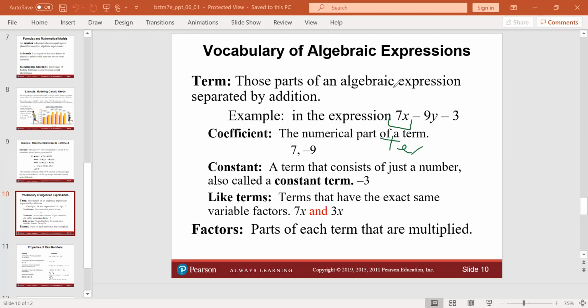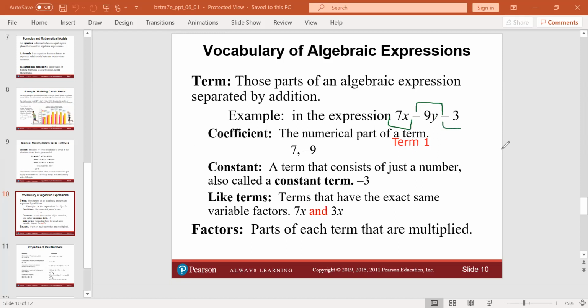Now let's use the text box. 7x by itself, term 1. Term 2 then would be negative 9y. Whoa. That's cool. Highlight thing. Term 2 then would be negative 9y.